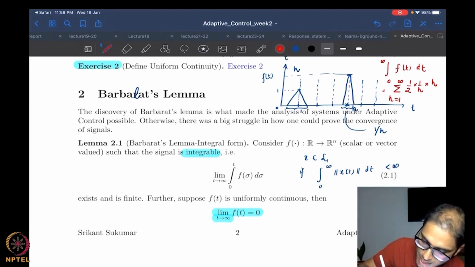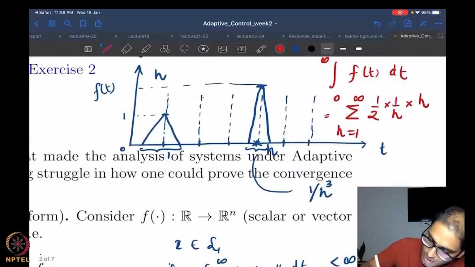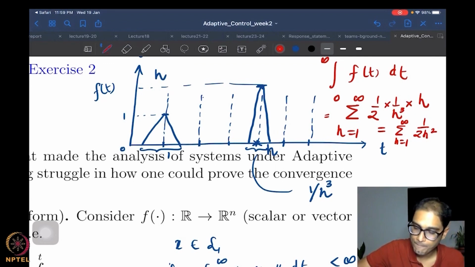I don't want 1 by h, but I'm taking it as 1 by h cubed, for a very specific reason. So what do I get here? The summation from h equal to 1 to infinity of 1 over twice h squared.